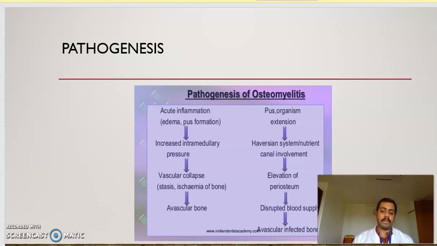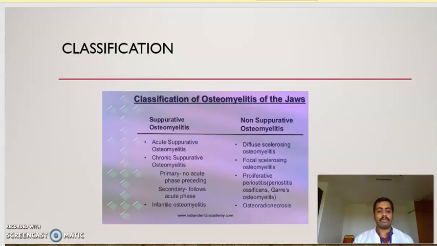So it becomes avascular. The pus organisms extend to the Haversian system or the nutrient canal. This also causes elevation of the periosteum, leads to disruption of the blood supply, and the bone gets infected and avascular.